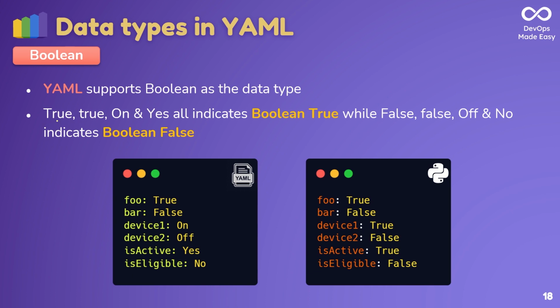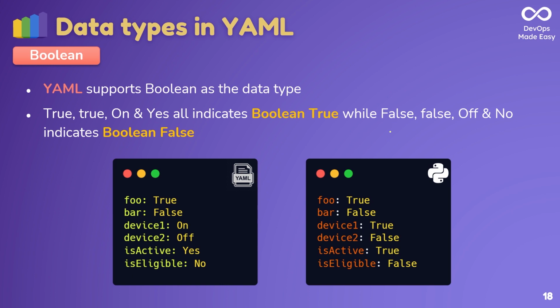So here inside YAML, I can use either true with capital T, true with small t, on, yes, all indicates Boolean value of true. Similarly, false, off, no indicates Boolean false.